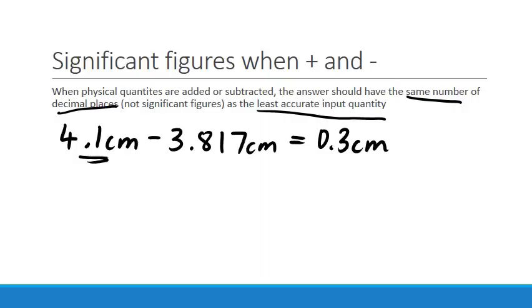It doesn't matter how accurate this second quantity is, because the 4.1 is only plus or minus 0.1, meaning it only goes to one decimal place. We can't make the answer more accurate than the least accurate value.